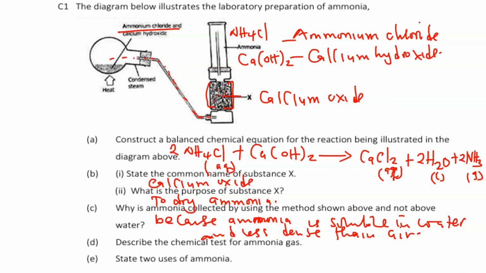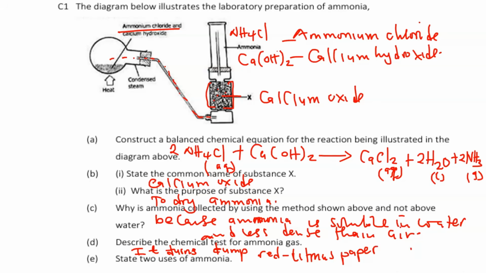The way you test for ammonia is that you put damp red litmus paper into the vessel that you suspect to contain ammonia, and it turns the damp red litmus paper blue.